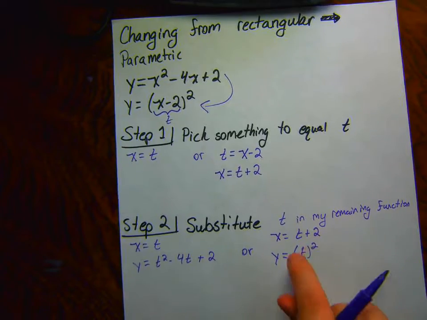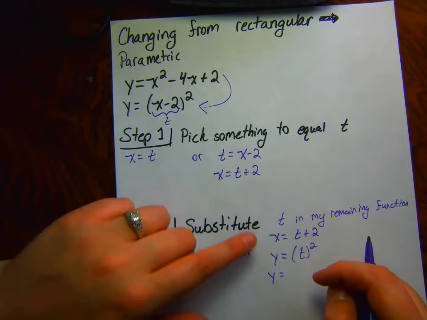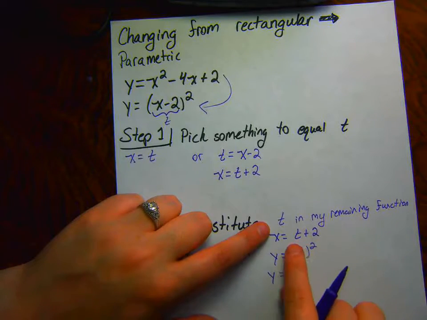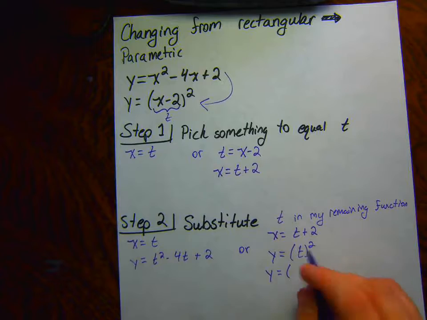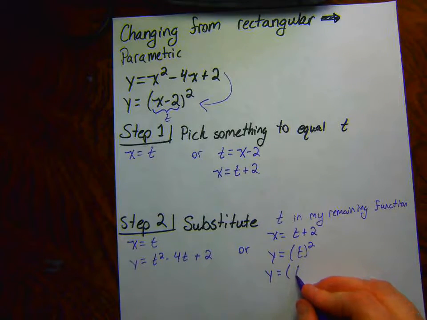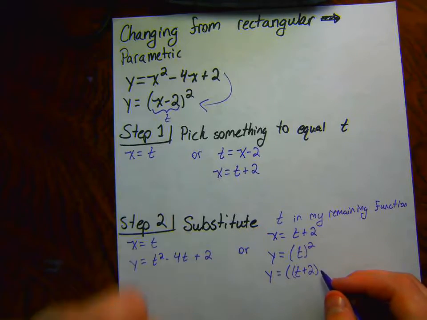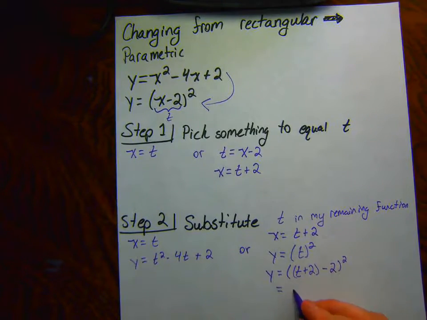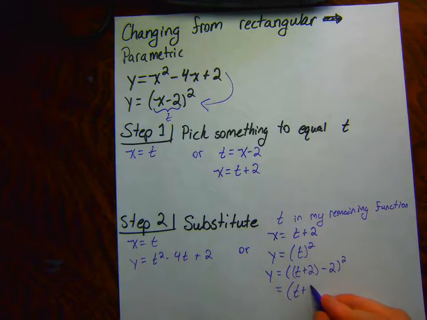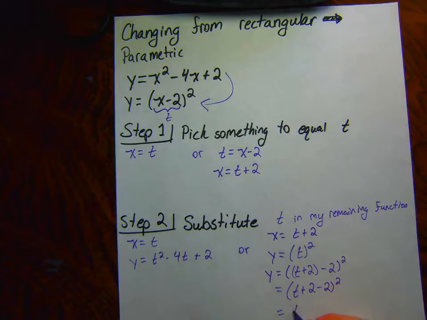Now let's say instead of doing it this way, I substituted in x, which equals t plus 2. So let's do it that way. Instead of writing down that x, I'm going to write t plus 2, which is what I'm letting my x equal, minus 2 squared. That equals t plus 2 minus 2 squared, which just gives me, again, t squared.